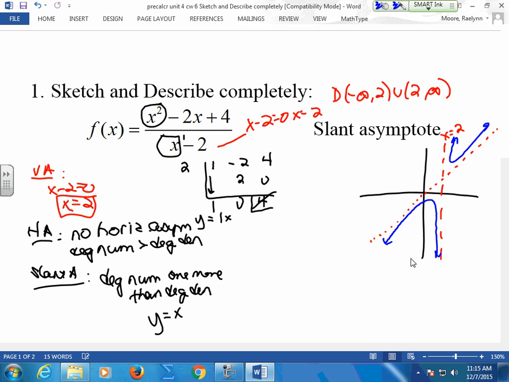So this helps us. This also now gives us a max and a min. A is a minimum. Is it absolutely the minimum point on this graph? No, because doesn't this go all the way down here? Right? So what is this called? A relative min. Okay? Find me your relative min.